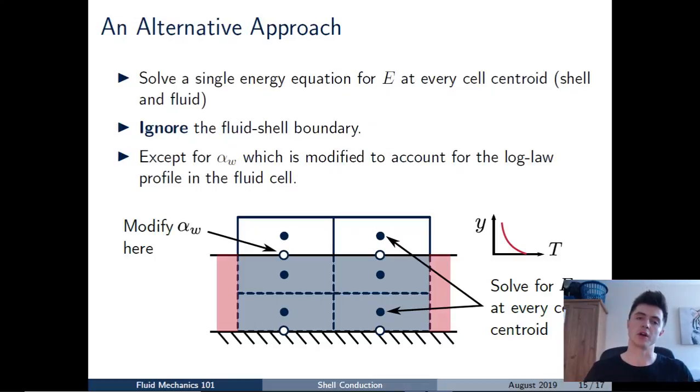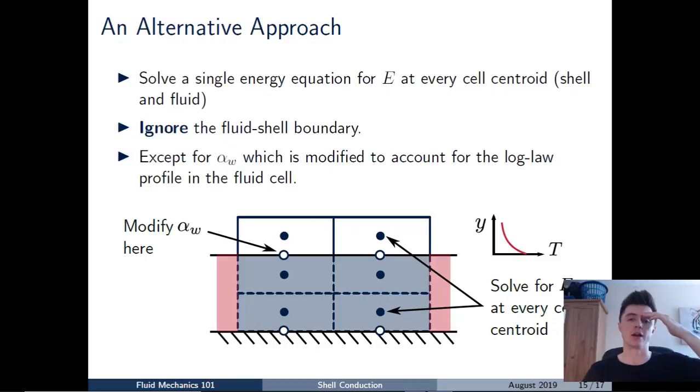We can just solve the complete energy equation, and that will get us the temperature in the fluid cells and in the shell elements. And of course, with this approach, we're really implicitly ignoring that fluid shell boundary there when we're solving the energy equation. And of course, a small side note here that with this approach, we can still account for that logarithmic temperature profile in the wall adjacent fluid cell there.